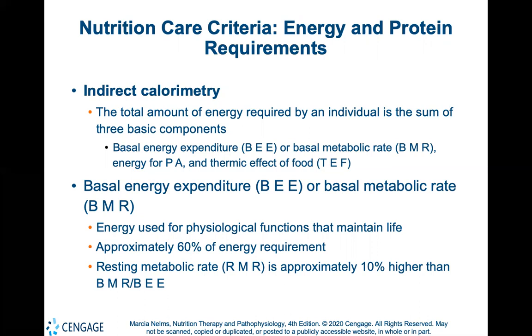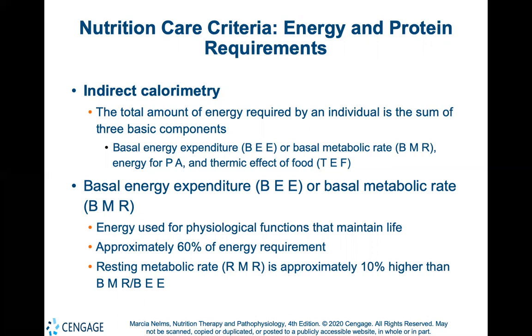The total amount of energy required by an individual is the sum of three basic components: basal energy expenditure, BEE, or basal metabolic rate, BMR, plus energy for physical activity, plus thermal effect of food, TEF, equaling total energy expenditure, TEE.